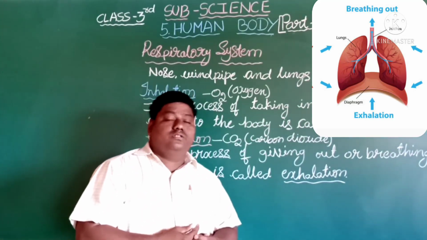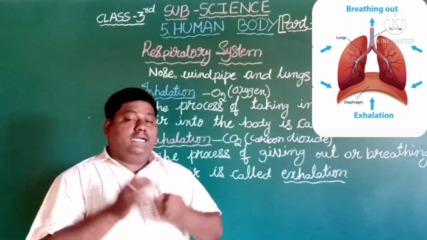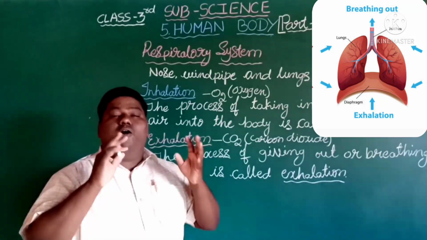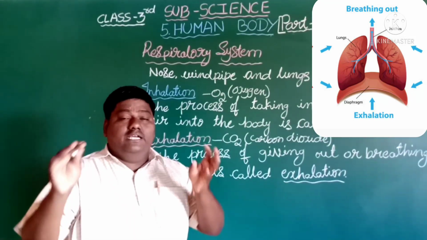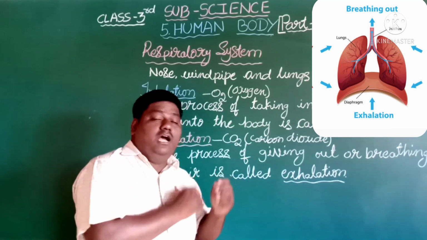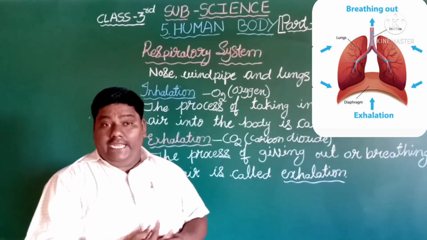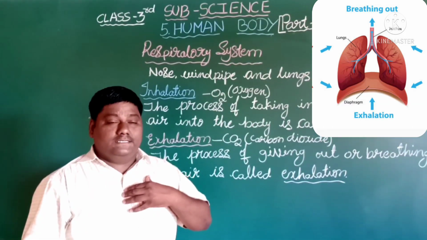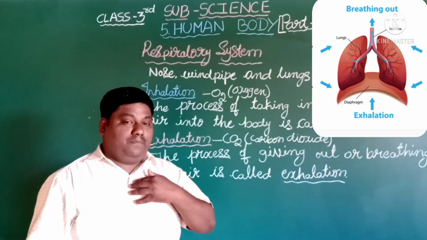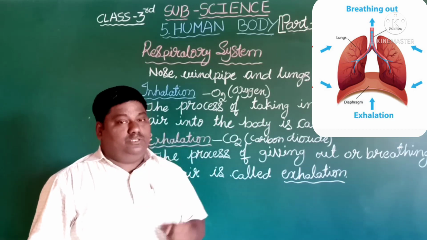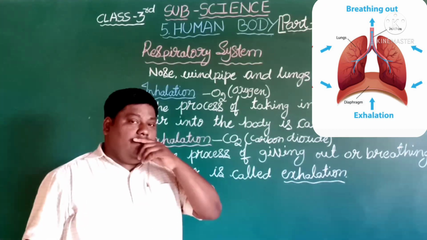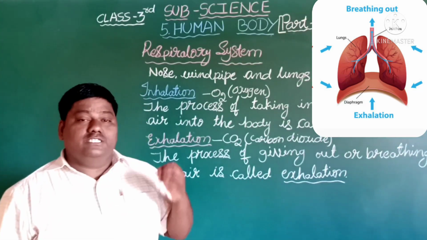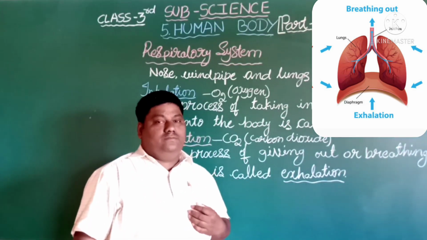Already the heart has collected impure blood, that means carbon dioxide-containing blood, and it enters into our lungs. Later it comes out from our lungs, windpipe and from our nose. See, all of you observe, when you breathe out, the carbon dioxide is very hot.